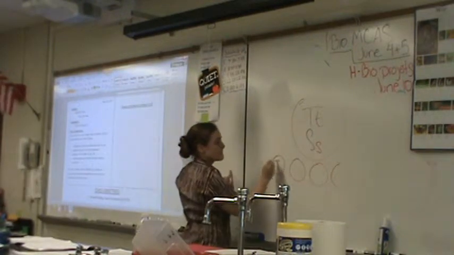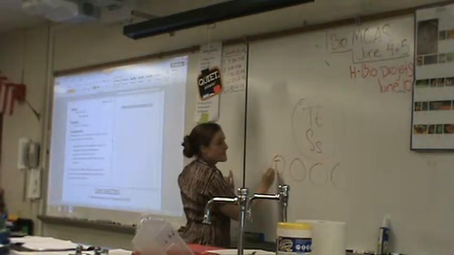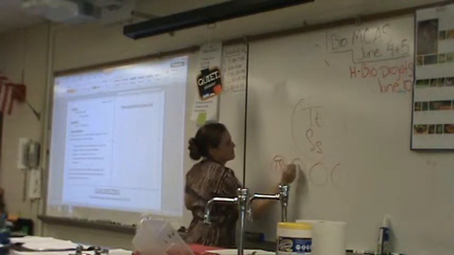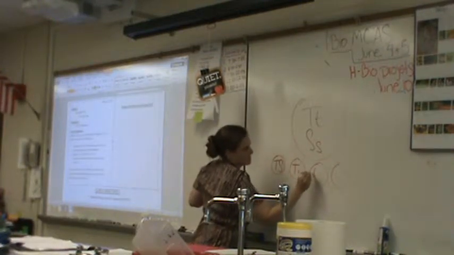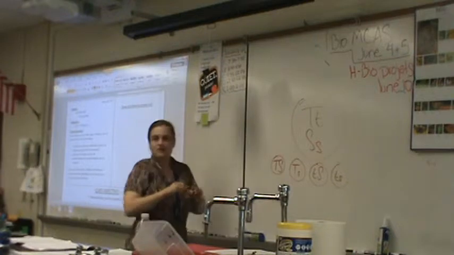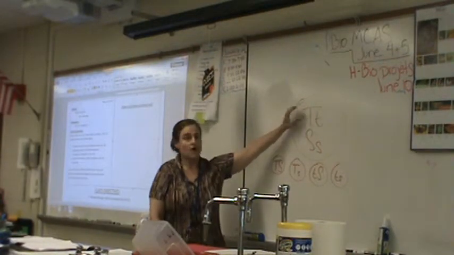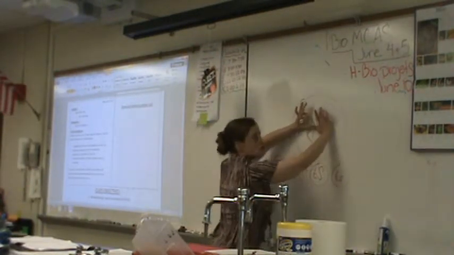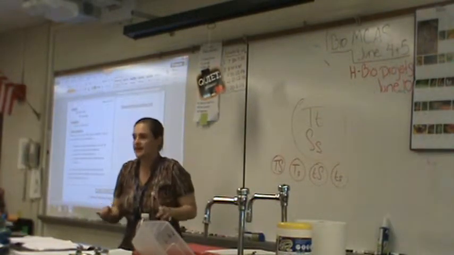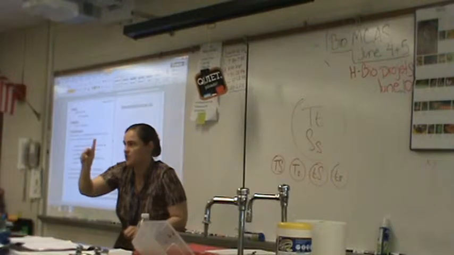Uppercase T, lowercase t, uppercase T, lowercase s, uppercase T, uppercase S, uppercase T, lowercase s, lowercase t, uppercase S, lowercase t, lowercase s. The thing is, you want to realize whether you have one gene, two genes, or 20 genes, each gamete gets one copy of each gene.